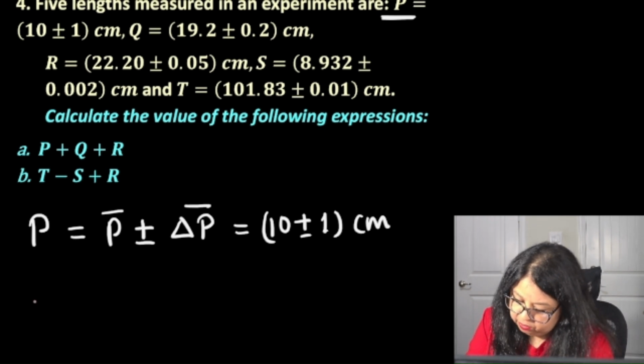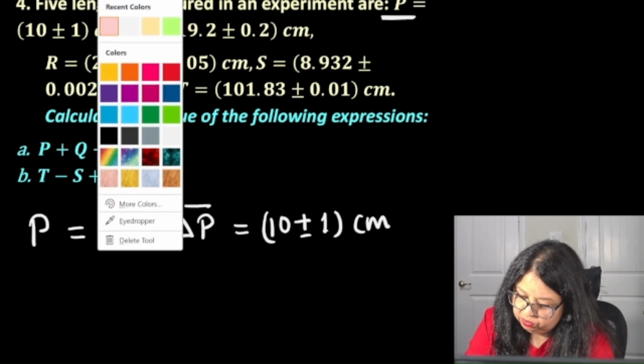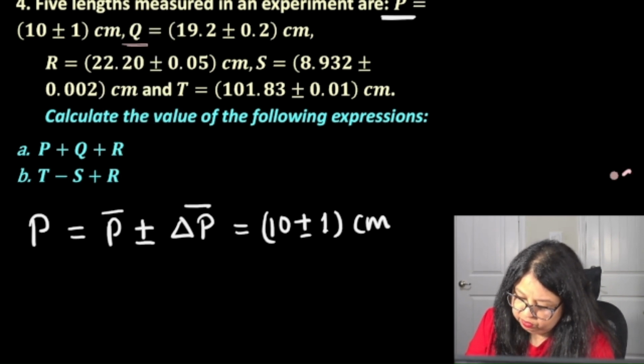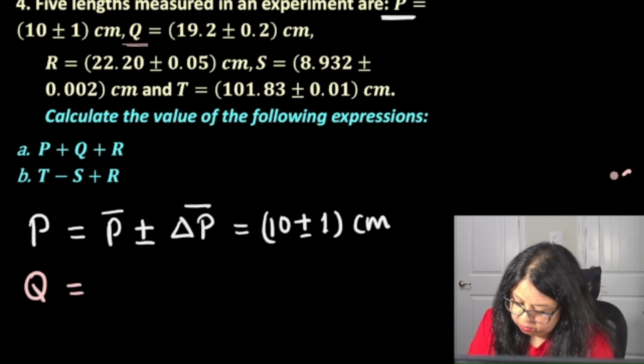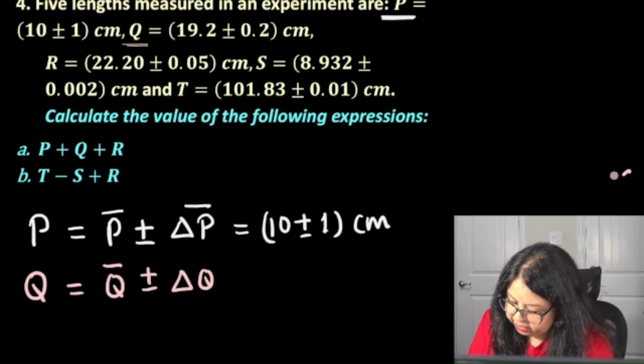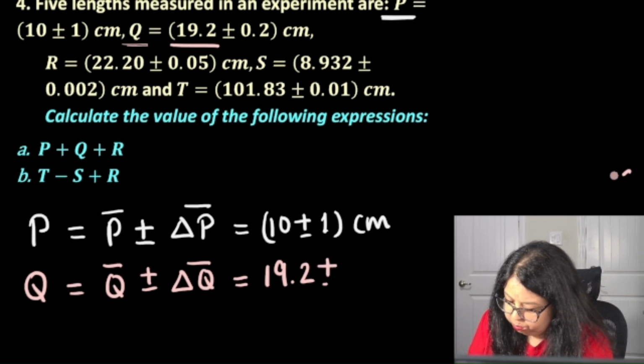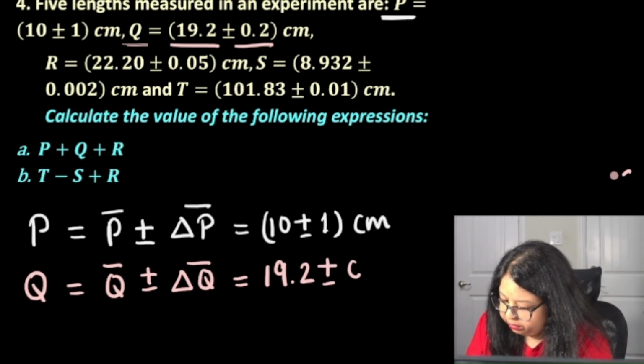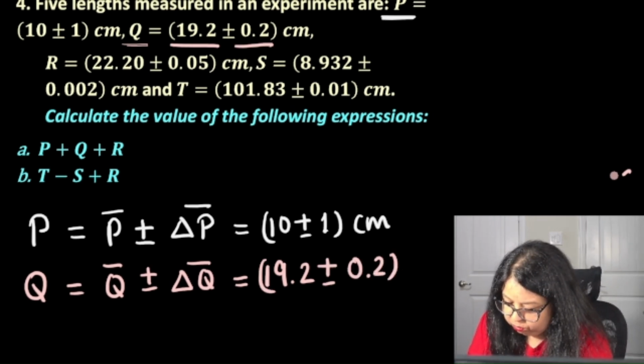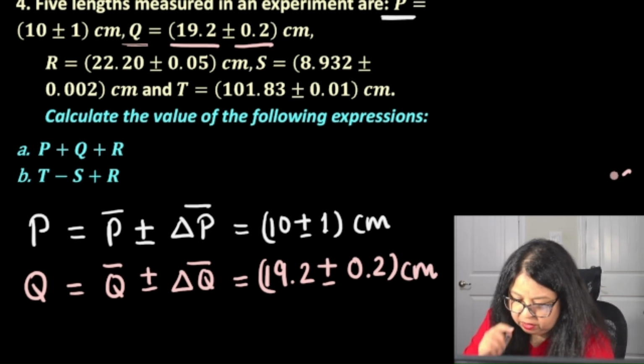Second is Q. Q bar plus minus delta Q bar is equal to 19.2 plus minus 0.02 centimeters.